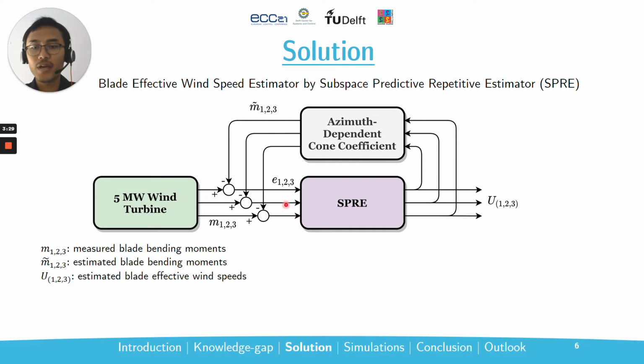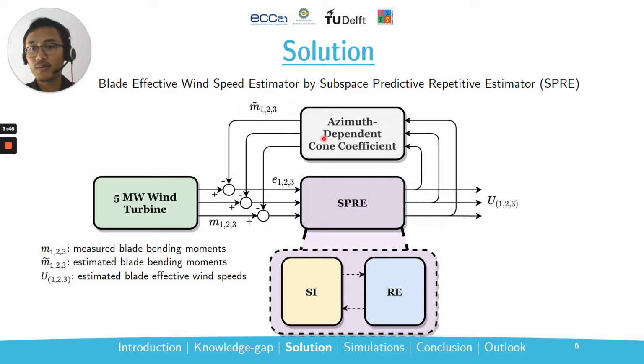These are taken by the SPRE to generate the individual estimated blade effective wind speeds, which are also fed back into the azimuth-dependent cone coefficient to estimate the blade loads.